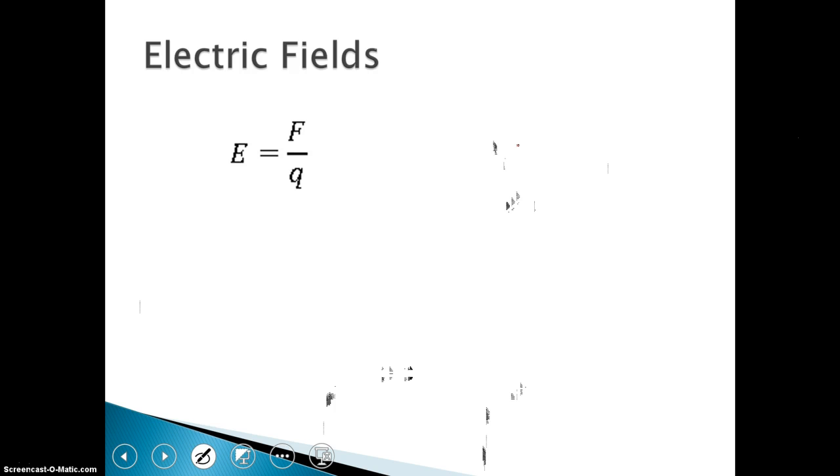So actually, electric field has an equation. This is it. Go ahead and copy that down. The letter E stands for electric field. The letter F stands for electric force divided by little q, which is charge. That is the charge which is placed inside of the field.